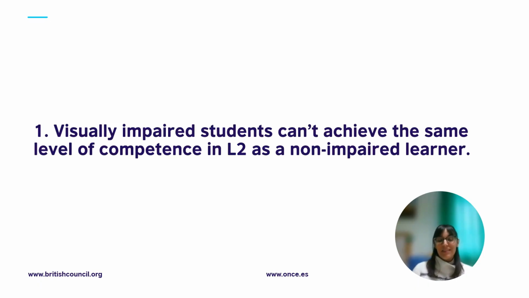Once we have explained and understood that the same process occurs when learning a foreign language as when learning our mother tongue, we can comment on the first statement that I shared with you at the beginning of the session. I invited you to think about the possibility of visually impaired learners achieving the same level of competence in a foreign language as a non-impaired learner. And it's false, okay?